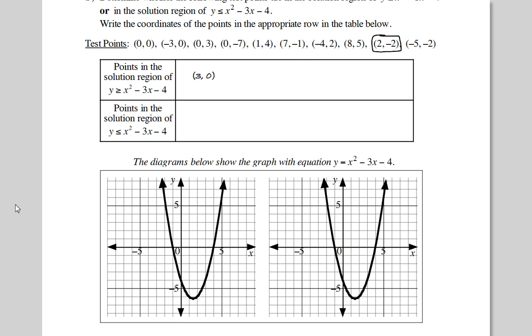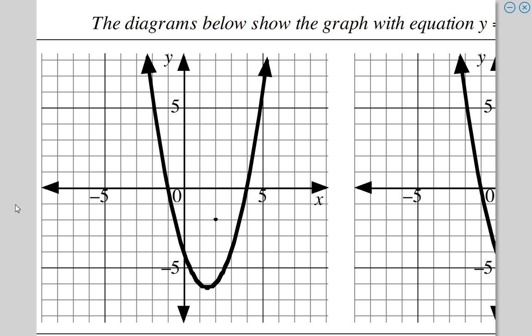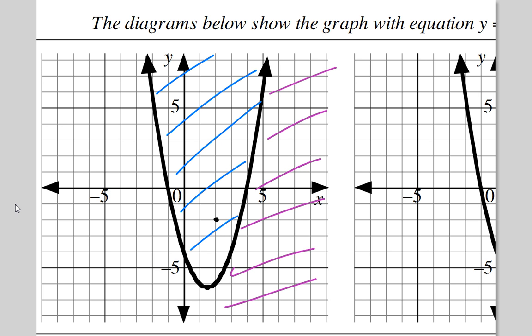Right here. Right away, we can see that it's inside the quadratic. If you have different colors, you can shade two different regions: there's a region inside the quadratic and then there's a region outside the quadratic.